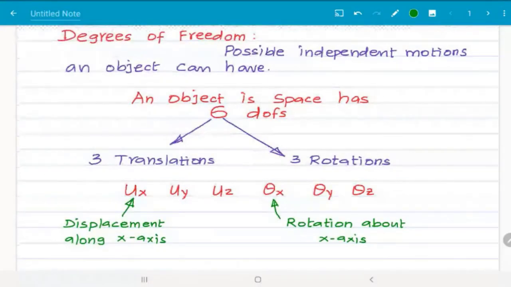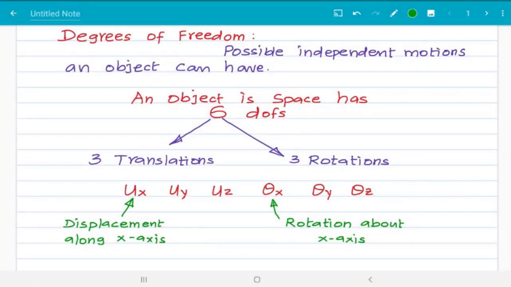Space means what? Whenever you are saying space, it represents 3D. Space means 3D. Very good. Space is a keyword for 3D. Is it clear?